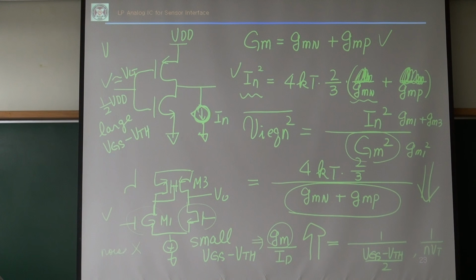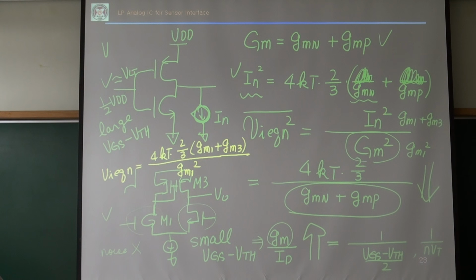In noise performance, VIEQN for that one will be something like GM1 squared, 4kT (2/3), times GM1 plus GM3, something like that.